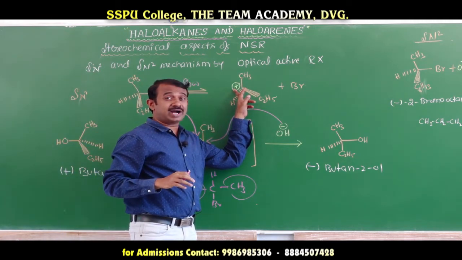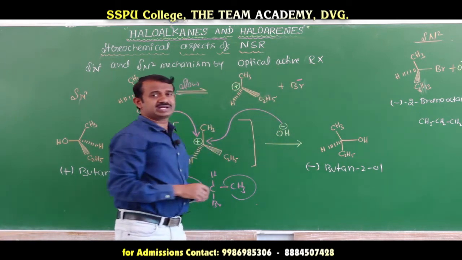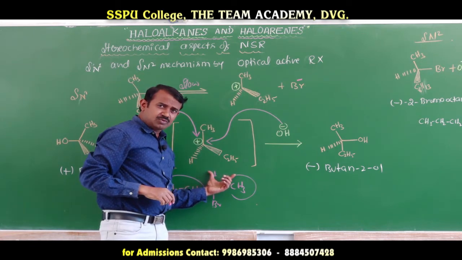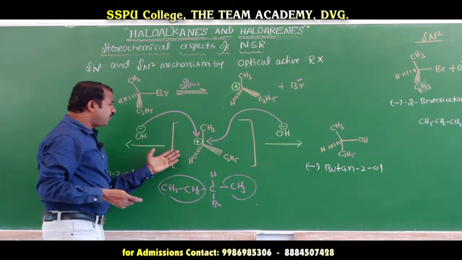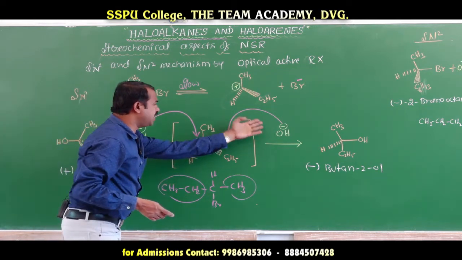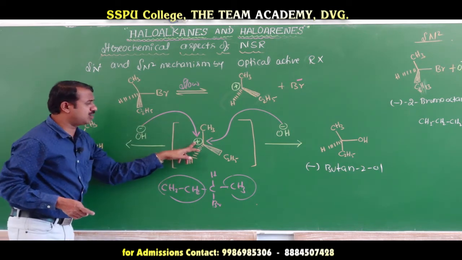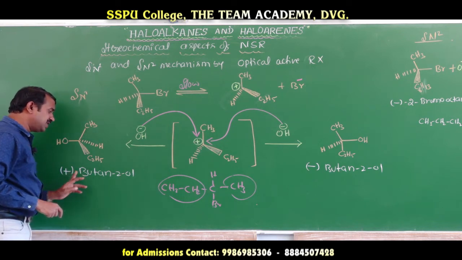Tertiary butyl bromide gives a carbocation and bromide ion. When the carbocation is formed, there are two possibilities. The nucleophile attaches to the carbocation, and you will get butan-2-ol.